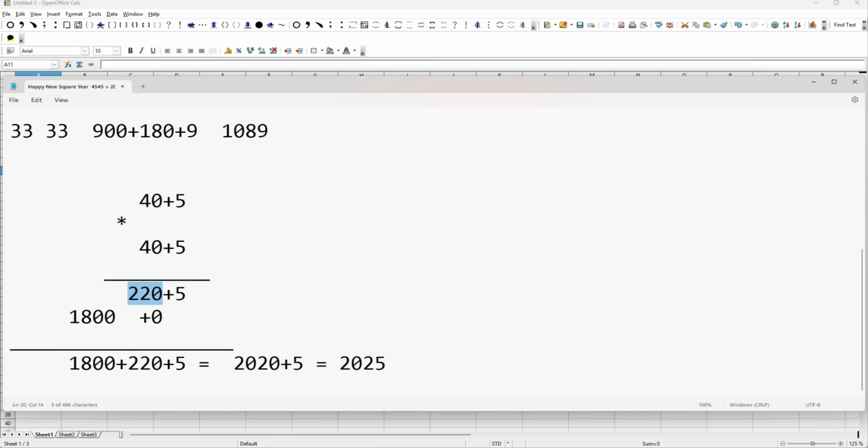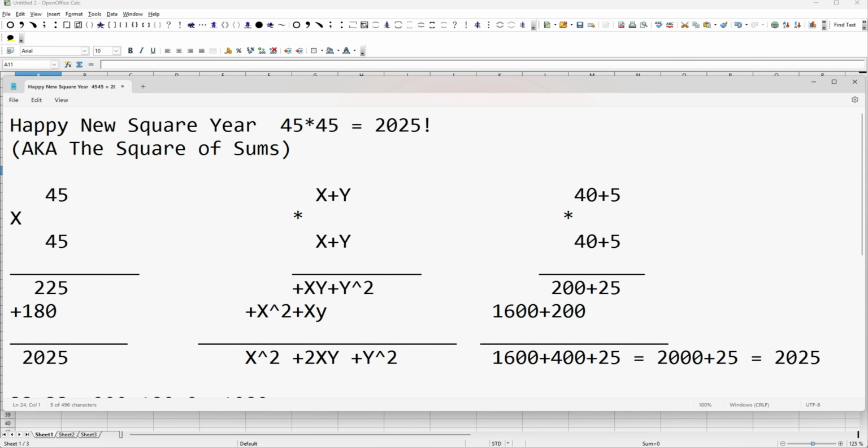So you get 1600, 40 times 40, and you'll add 200 to that 1600, you'll get 1800. So you'll get 1800 plus 220 plus 5. These right here add up to 2020, leaving you with your plus 5. So 2020 plus 5 is equal to 2025, and it works out.